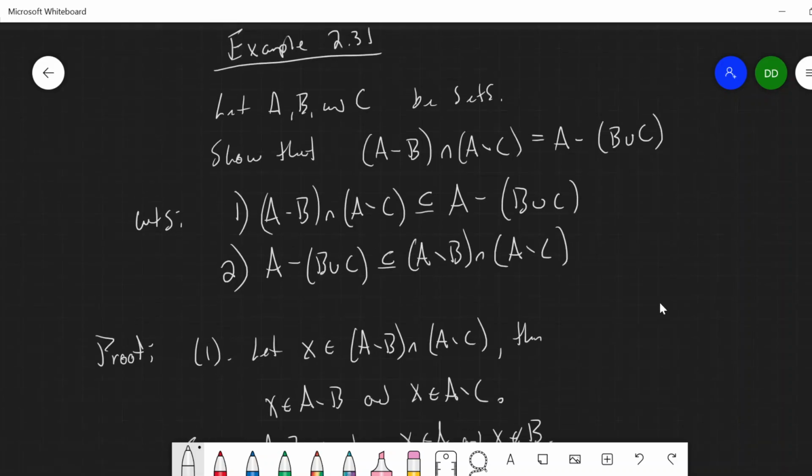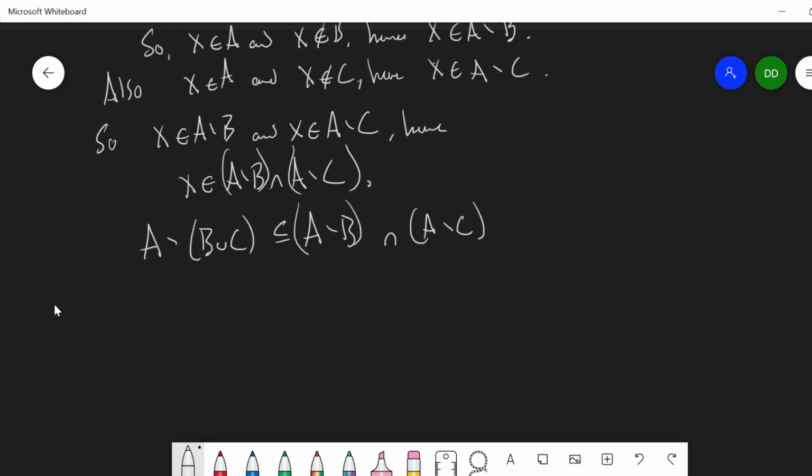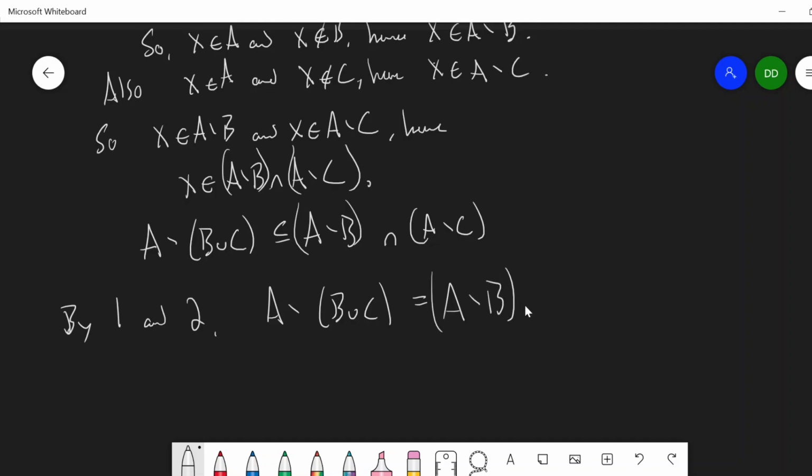So we showed subset inclusion in both directions. And so by 1 and 2, A minus B union C is equal to A minus B intersection A minus C. And that's a proof.